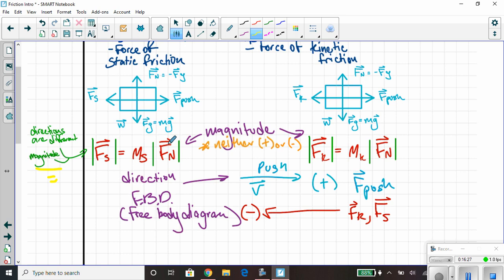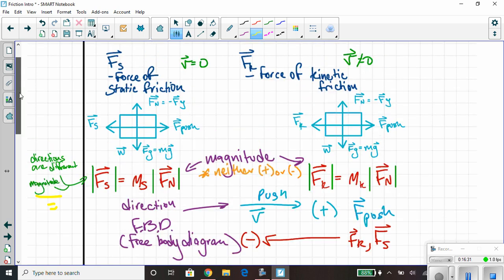Next, let's say now you've got the object moving. So the velocity is not zero. So the object is being pushed. So we now have the force of kinetic friction involved, Fk. So picture I'm pushing a textbook along a countertop there, and there's my force push.